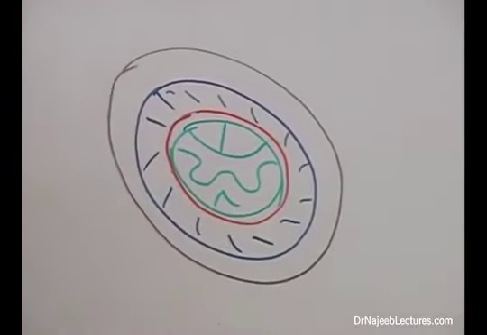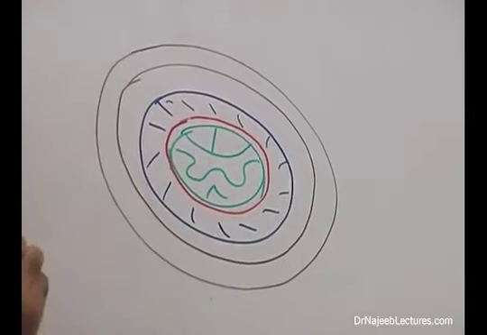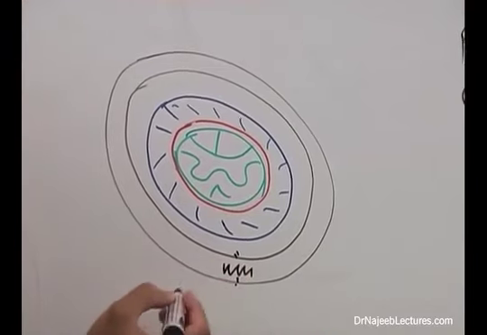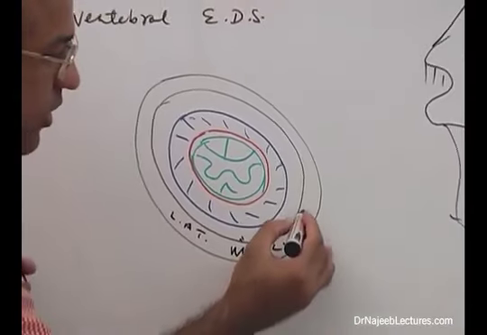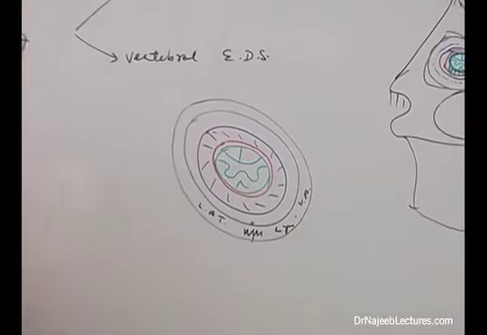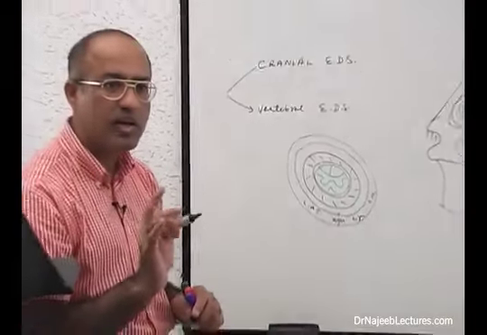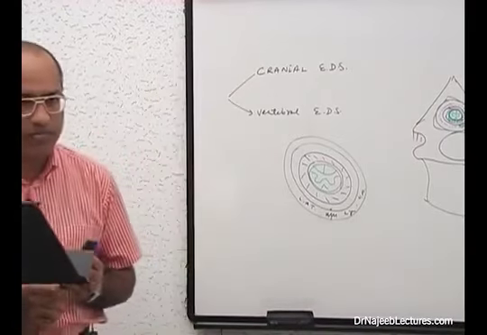Is that right? And here is the periosteum of the vertebra. This is the real space, full of loose areolar tissue, full of lymphatics, and full of venous plexus. But when you go to the cranial cavity, there is only a potential space. Am I clear? No problem?